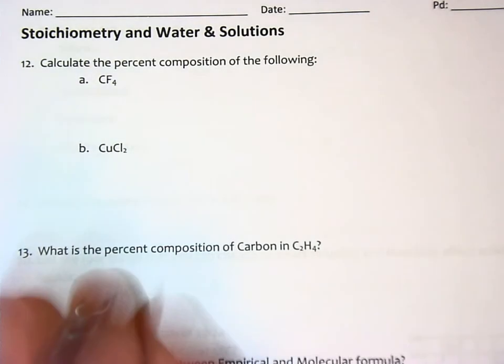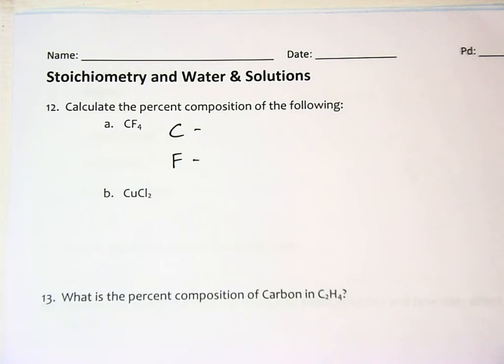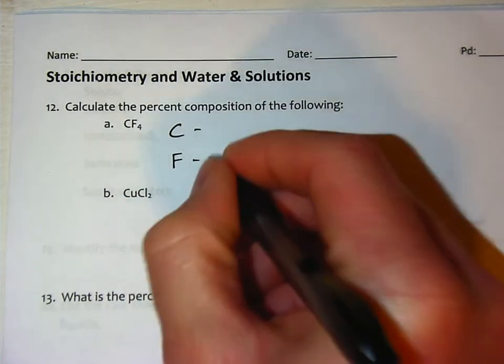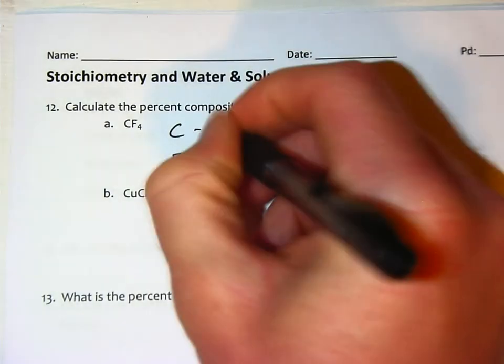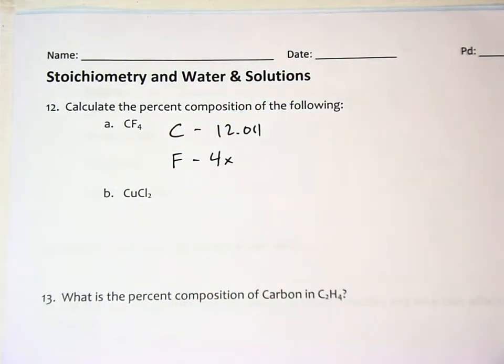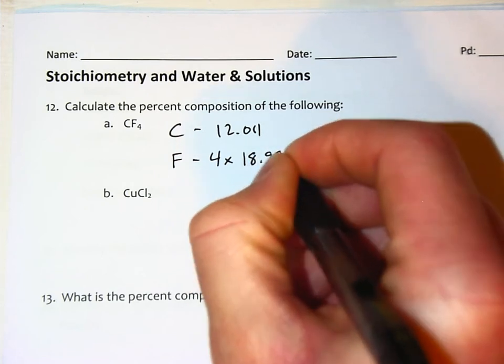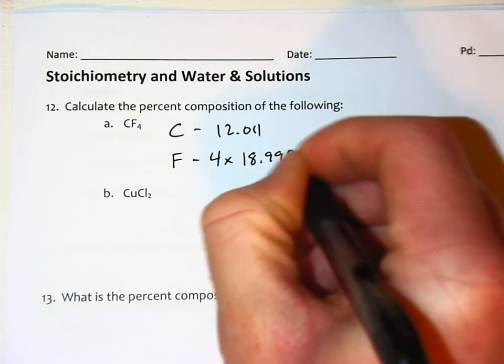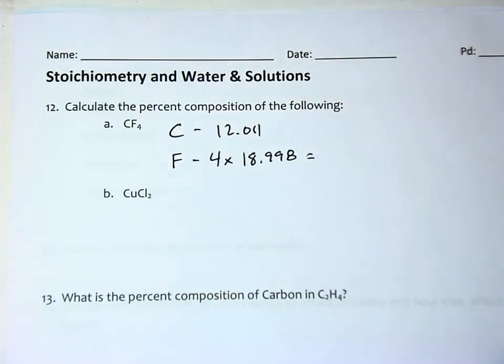So with molar mass, C and F are my two atoms. I know that there's 4 fluorine, so I'm going to have to multiply by the mass of fluorine. With carbon, I have 12.011 as my mass of carbon. Fluorine has a mass of 18.998, which times 4 is going to equal 75.95.